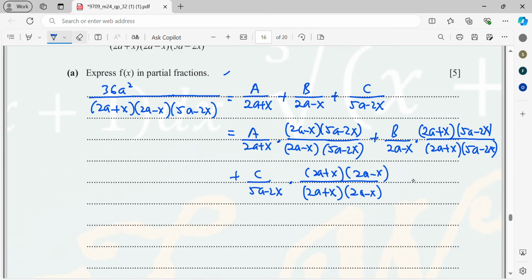Okay, so with this, you will be getting all the same denominators. So then I will just ignore the denominators and write down the numerators.